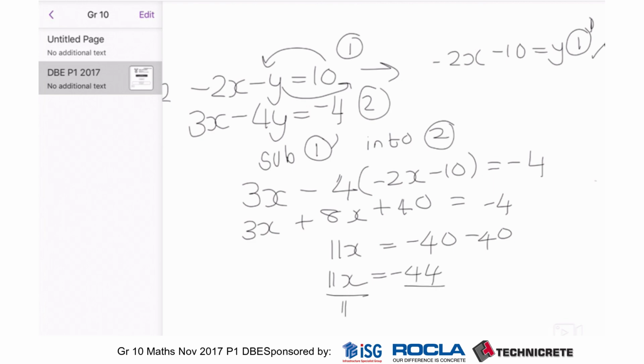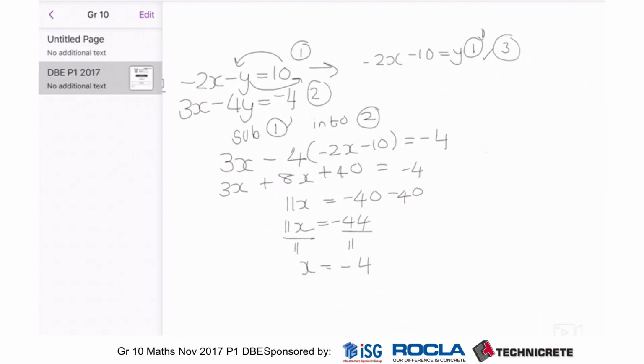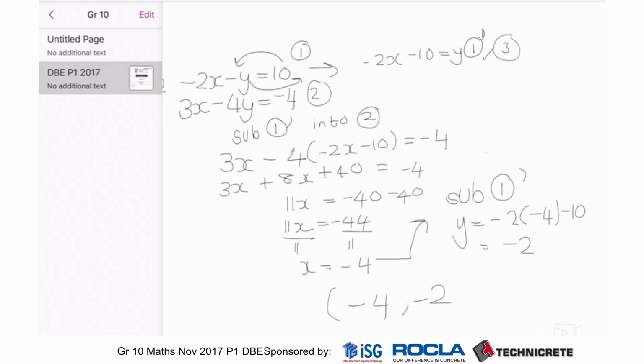Divide by 11, divide by 11, x is equal to minus 4. Once you've got your x, fairly easy. I take this x and I substitute it back into any equation, but I'm going to substitute it back into 1 prime. Then I'm easily going to get my value of y, minus 2, minus 4, minus 10, and that was going to give me minus 2. So therefore my answer is minus 4, minus 2.